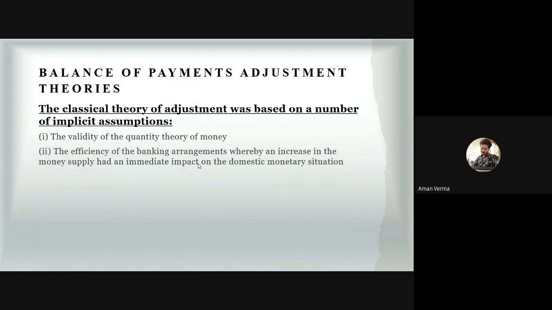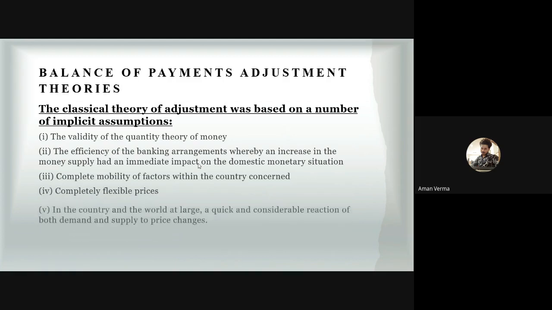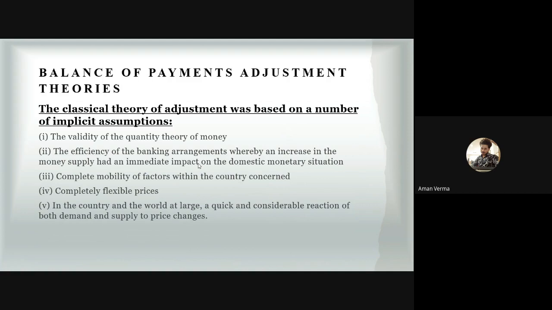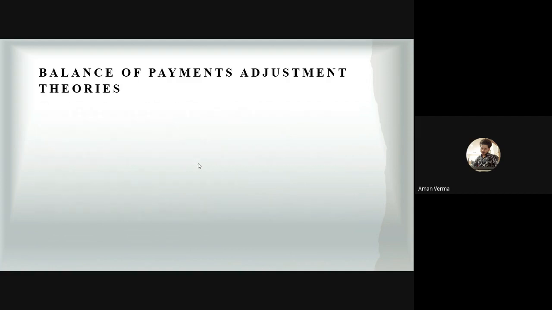Second is the efficiency of banking arrangements whereby an increase in the money supply had an immediate impact on the domestic monetary situation. Third, complete mobility of factors within the country concerned. Fourth, completely flexible prices. The fifth is, in the country and the world at large, acute and predictable reactions of both demand and supply to price changes.